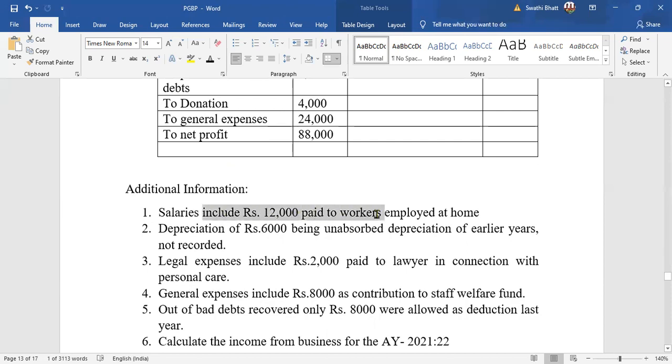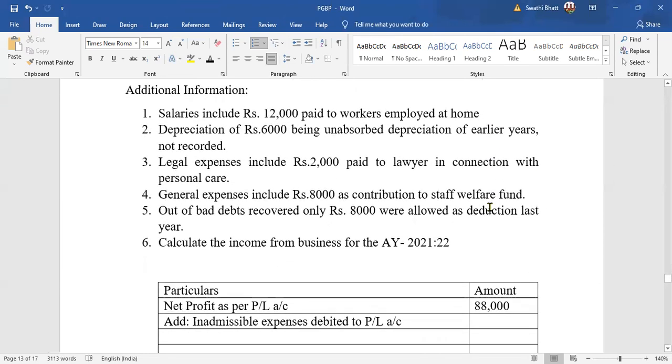So this 12,000 being the personal expense, since it is shown in the business books, it is disallowed. And if it is disallowed, it means that you will have to add it. So salary paid to worker at home, and the amount is 12,000 rupees.